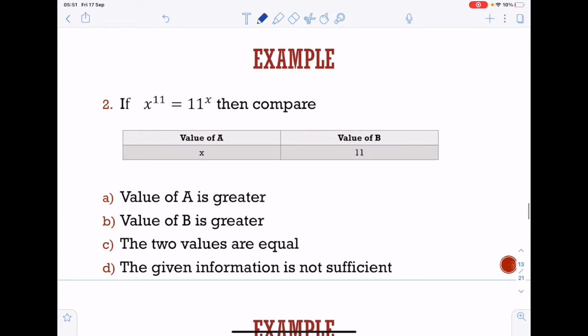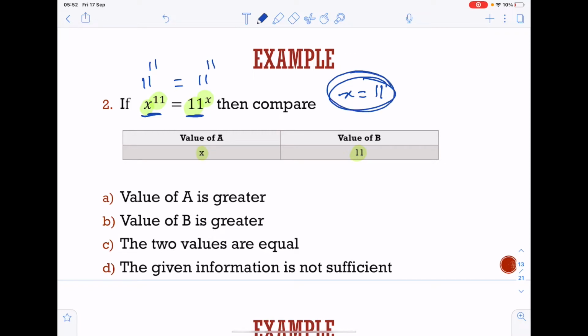Okay, now let's see, this question says that if x to the power 11 equals 11 to the power x, then compare between x and 11. The only value that makes this side equal this side is when x equals 11, because when x equals 11, this would be 11 to the power 11 equal 11 to the power 11.